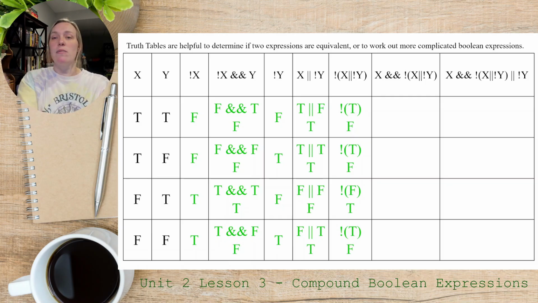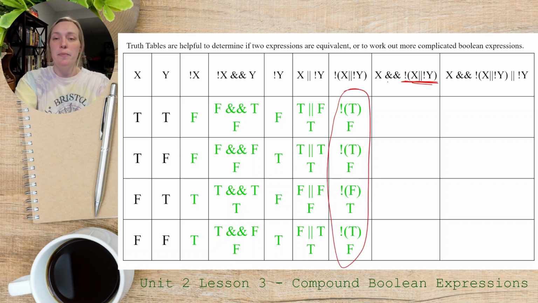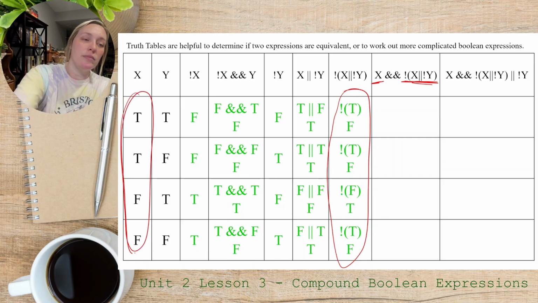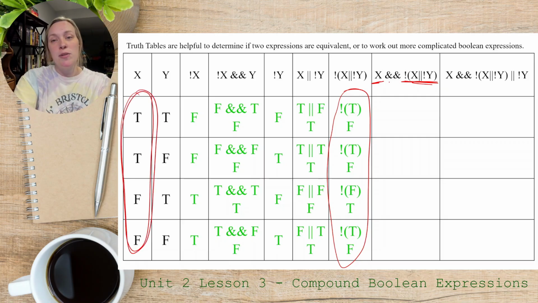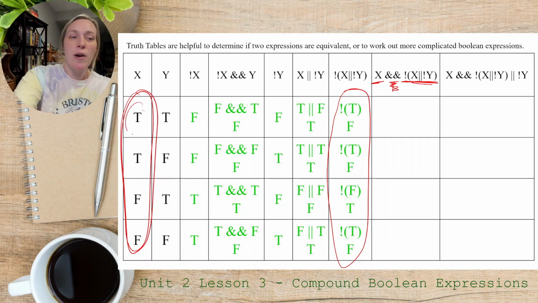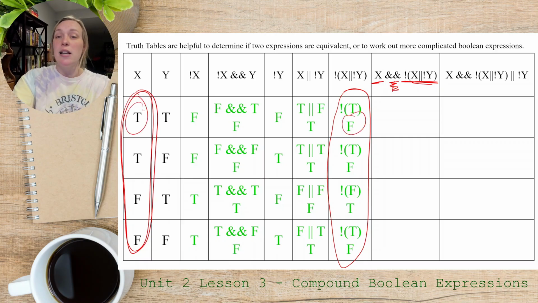Now we're building here because I already have this column made. This column is made, okay, right? And I'm going to compare it with this column right here. And I'm going to use the and to compare them, okay? So I have true and false, that's going to be false.